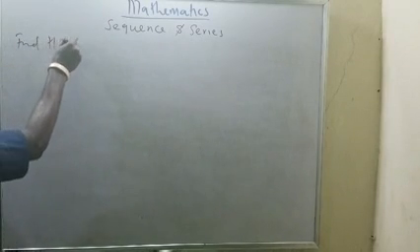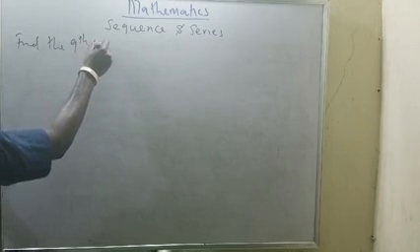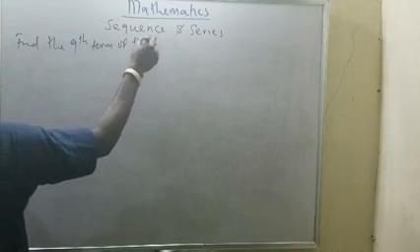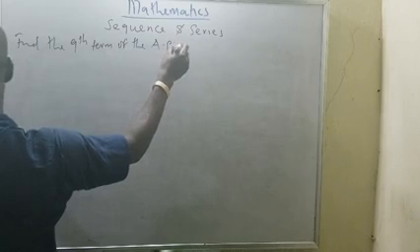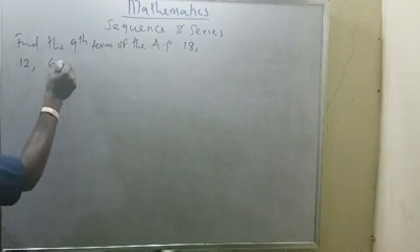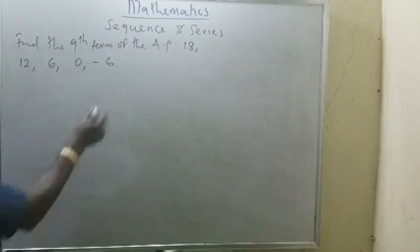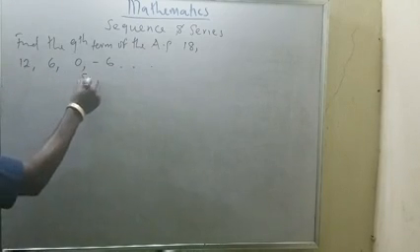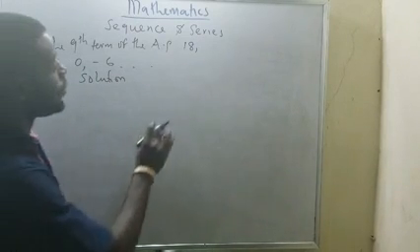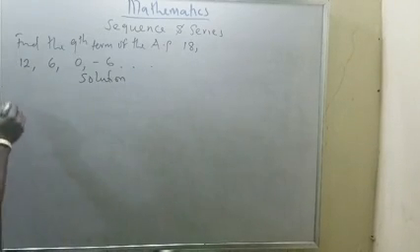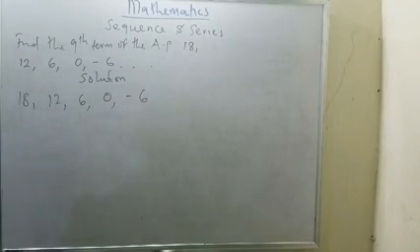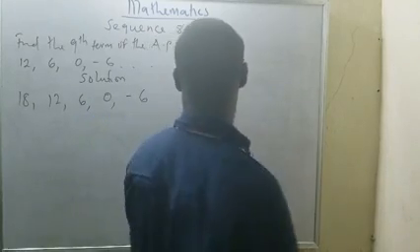Find the ninth term of the arithmetic progression 18, 12, 6, 0, minus 6, and so on. Look at this problem. This is in descending form. We're talking about 18, 12, 6, 0, minus 6. Now you are looking for the number at position 9.